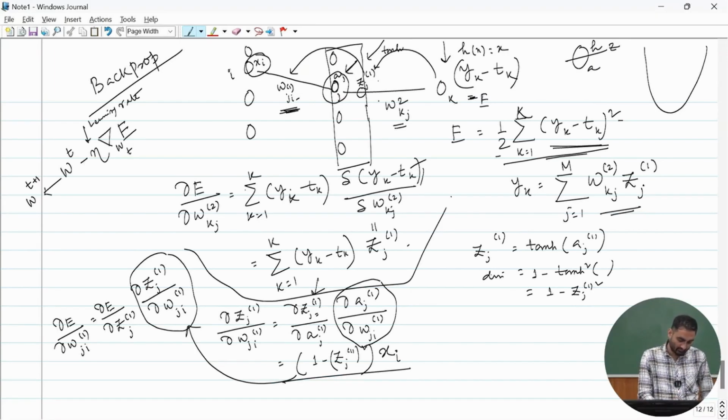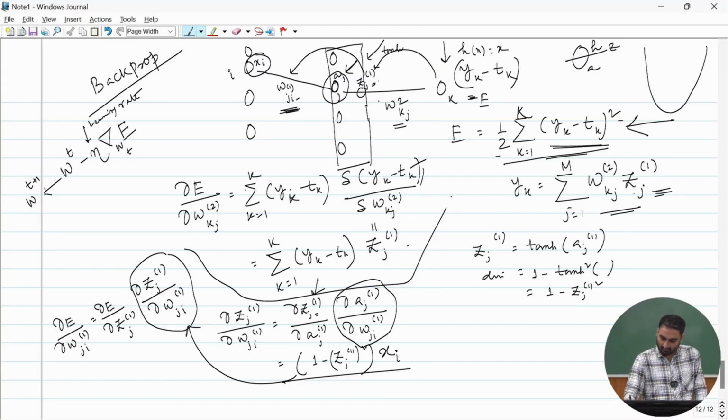What about the other component? del E del zj1. E is this one, where we already know that y is this one. When we take the derivative of this with respect to zj1, first this will act as simple x square, 2x, so the 2 and the half will cancel out, and then we need to take the derivative of that component again.